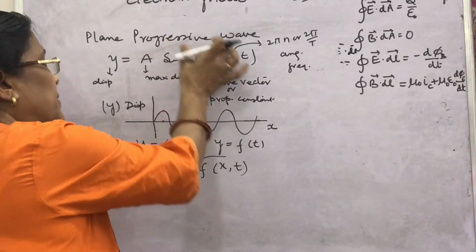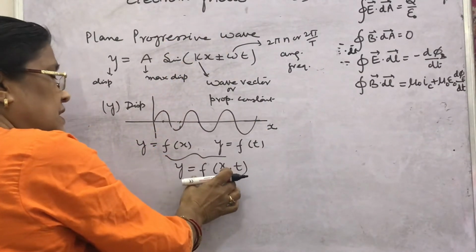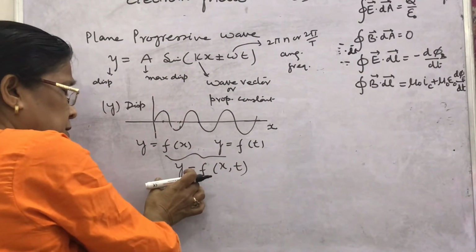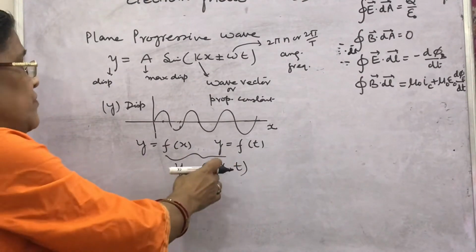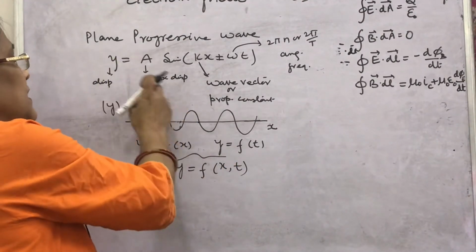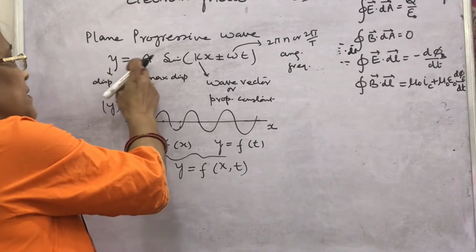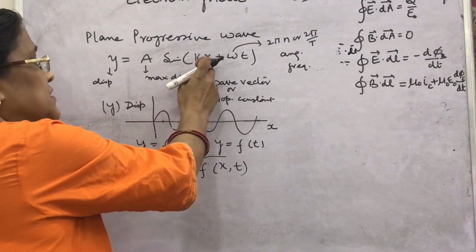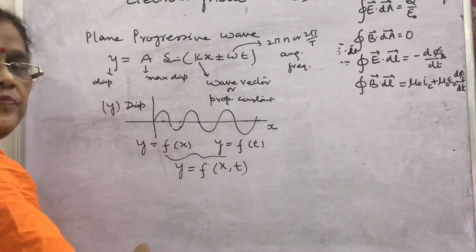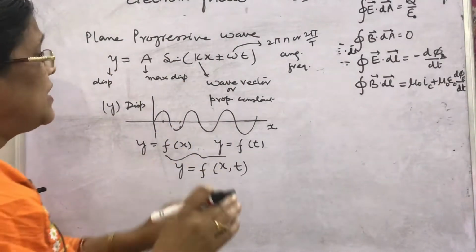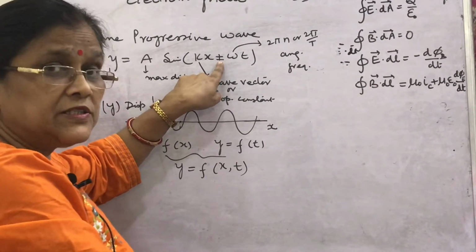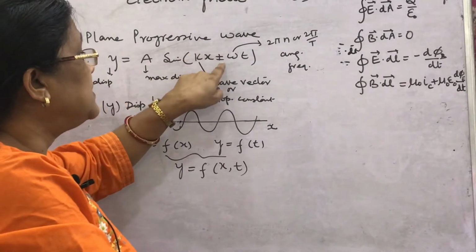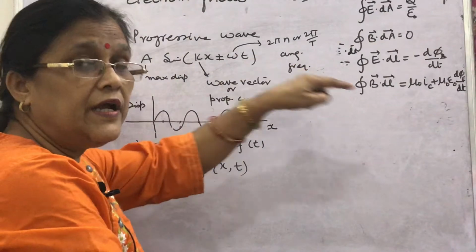This is the plane progressive wave. Its displacement is position and time dependent. What we have shown here is the maximum displacement, this is position, this is time. One more thing: for the positive sign here, the progressive wave is travelling in the negative direction.